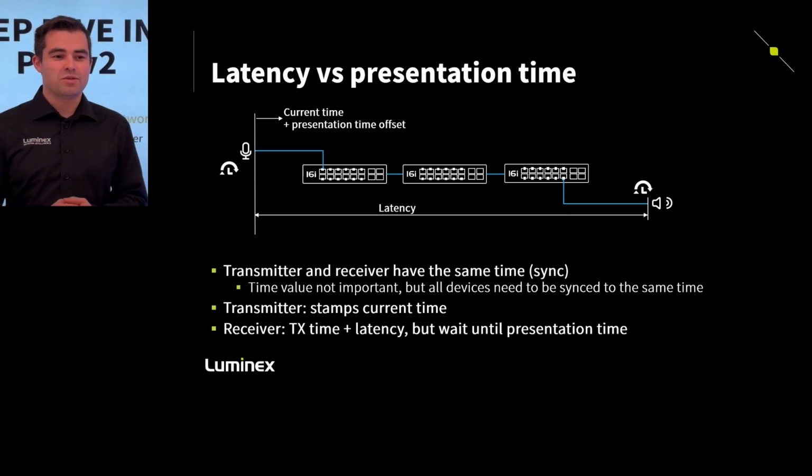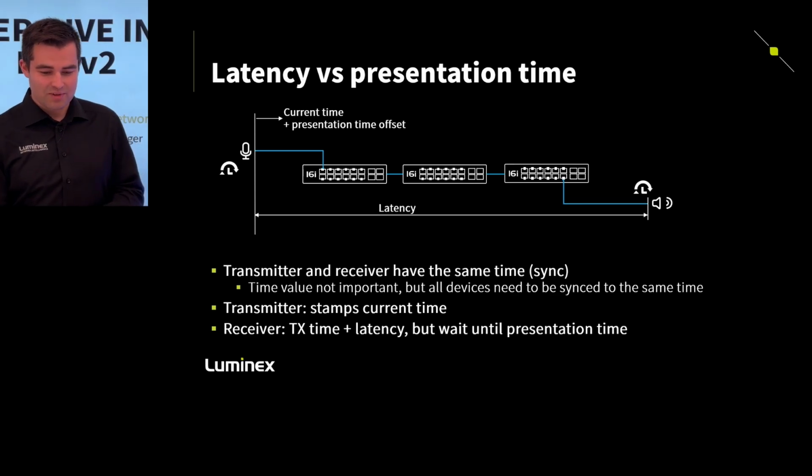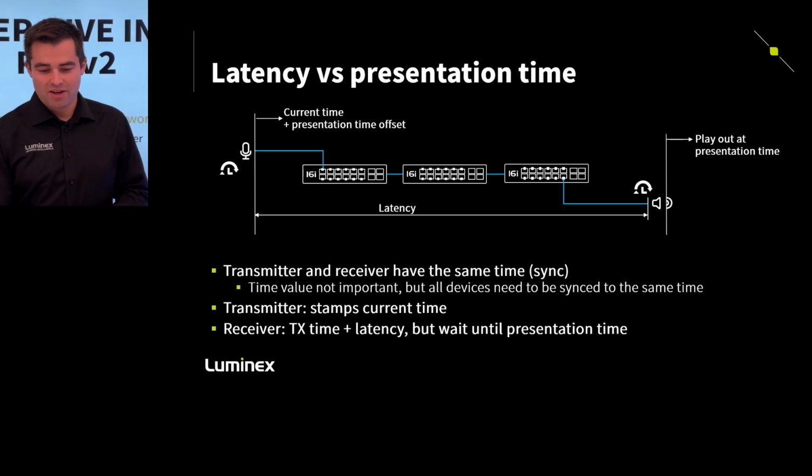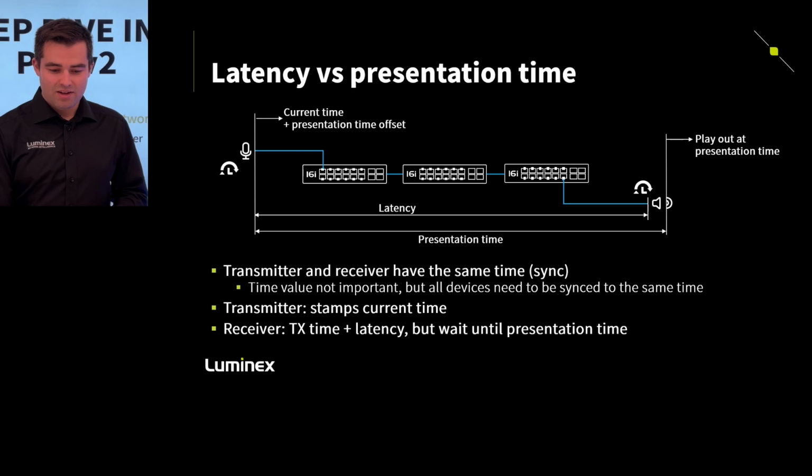So that's the time it takes to get all the data through the network to the speaker side. But the speaker will not immediately output this data. It will wait until the configured presentation time before the data will be played out. So it will buffer it for a moment before playing it out. So here you can see why latency and presentation time are different.